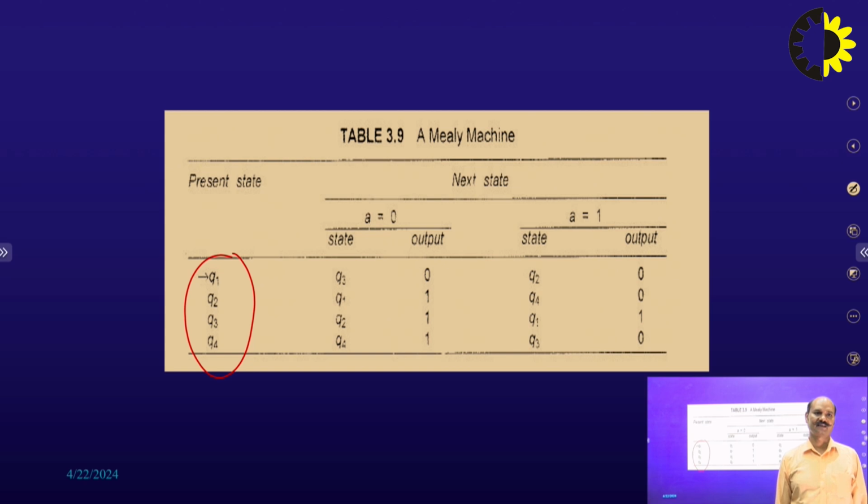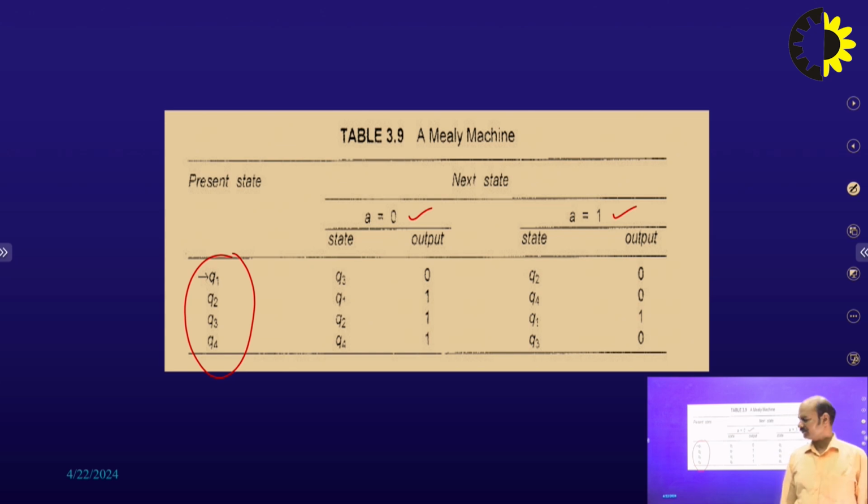Q1 behaves like the initial state, and we have 2 different input symbols, 0 and 1, and the output symbols are also 0 and 1. If we are at Q1 and get input 0, it reaches Q3 and produces output 0, and if we give input 1, it reaches Q2 and produces output 0. And similarly for all states.